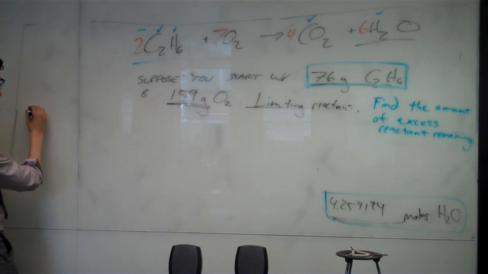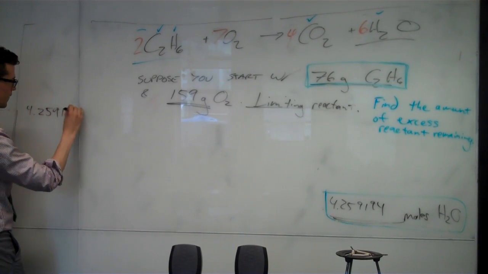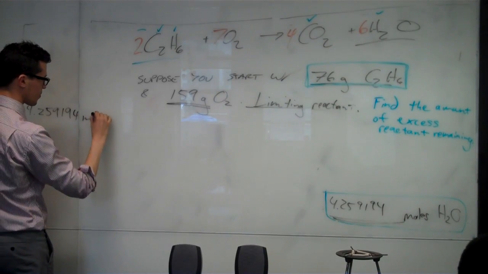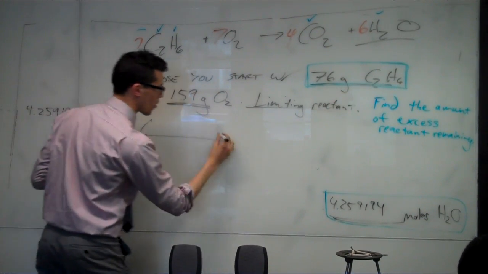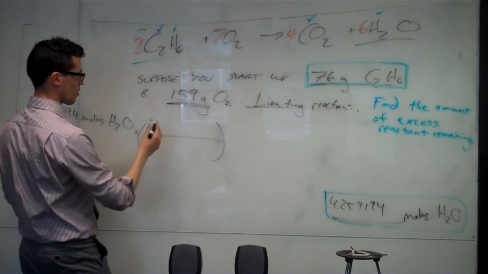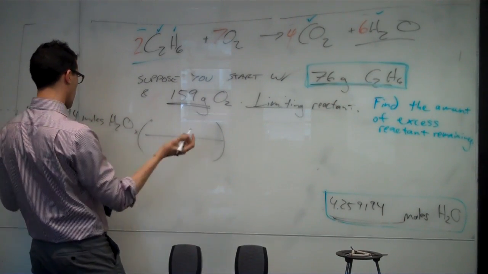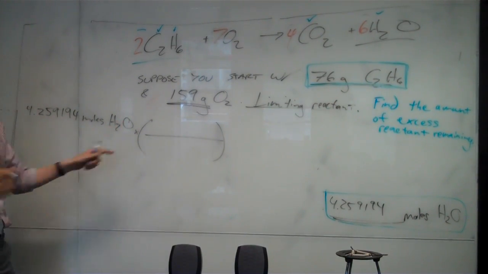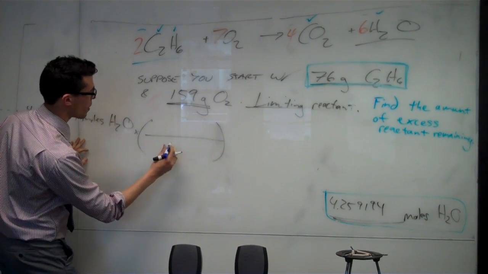So I'm going to take that 4.2, I'm going to use as many sig figs as I can, moles of H2O. I'm going to convert that back into our excess reactant right here. I've got this many moles of H2O, and I'm going to turn that back into this C2H6. So I'm going to put H2O on the bottom.